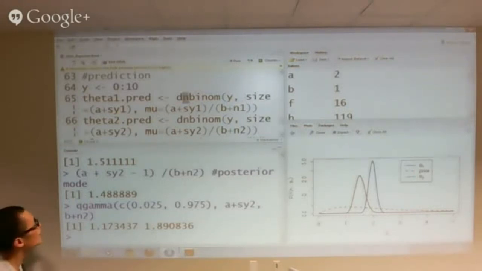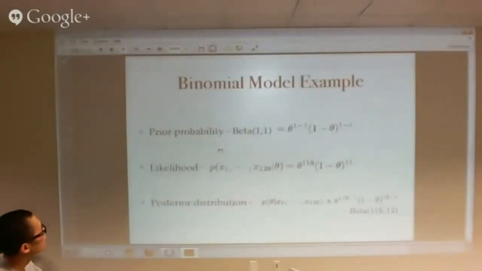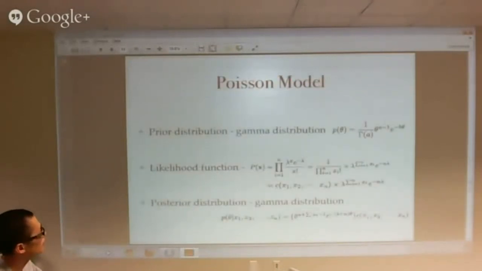It's the negative binomial distribution. Yeah, the density of the negative binomial. I forgot to introduce it here. After this is the negative binomial distribution.